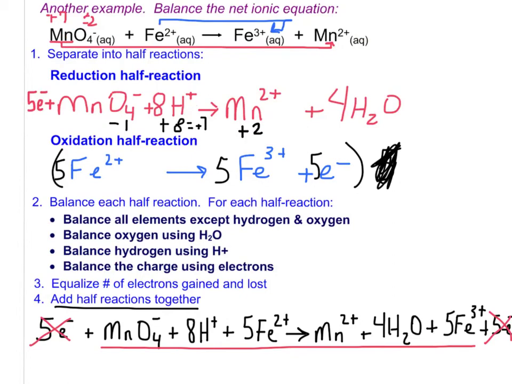Now, the last thing you need to do, and I'm going to say this, I didn't write it down here, but check your work. Make sure the elements are balanced and the charges are balanced. So we're going to look manganese, manganese, 4 oxygens, and go through, make sure all of the elements are balanced, and go through and make sure the charge is balanced.